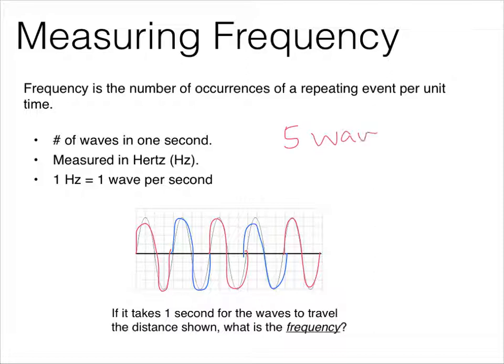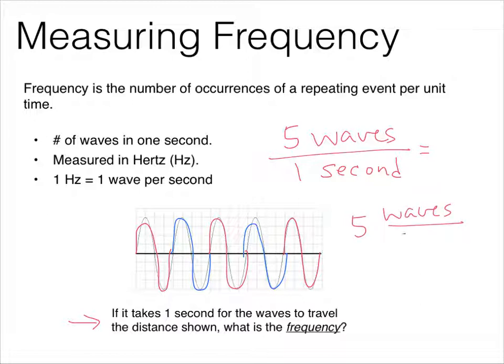And then down here, it tells us it takes 1 second for the waves to travel the distance shown. Well, the time period then is 1 second. That means that our frequency is 5 waves per second, or 5 hertz.